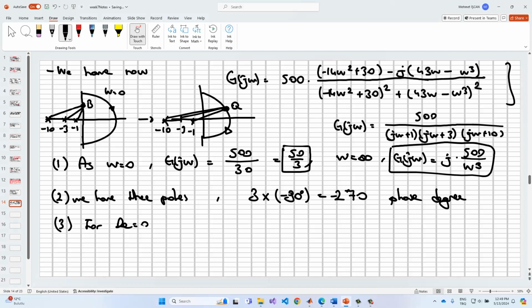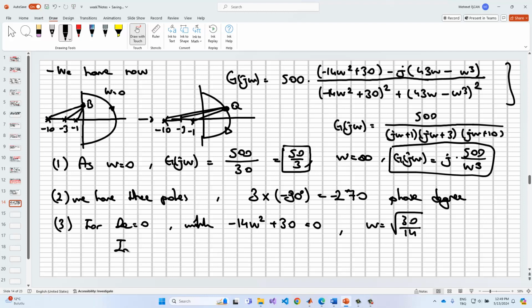Third of all, the real part is 0 when 30 minus 14ω² is equal to 0, because it's the real part of the system, and so ω must be equal to the square root of 30 divided by 14.